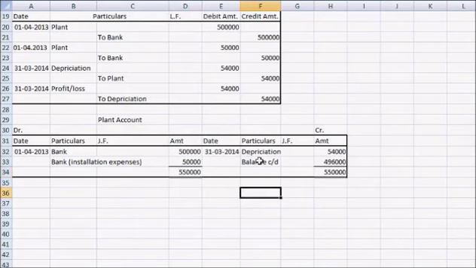Now this balance would be carried down for the next year.